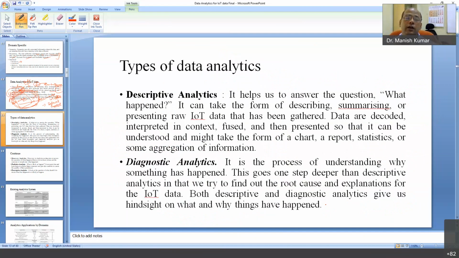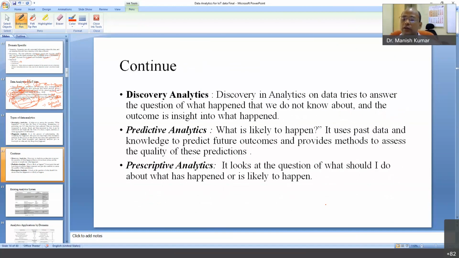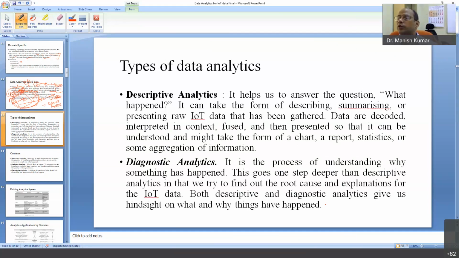I think I have already introduced this part in the introduction talk. Just adding something: we have descriptive analytics, then diagnostic analytics, then discovery analytics, predictive and prescriptive. The first one is descriptive analytics, always trying to answer the question of what happened.